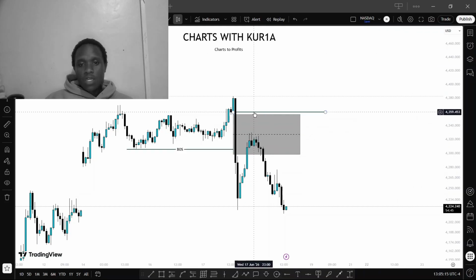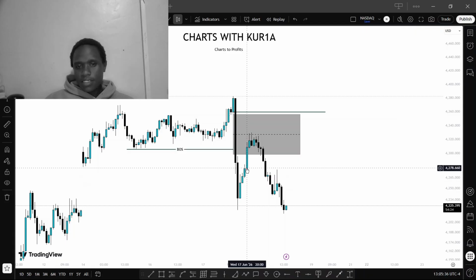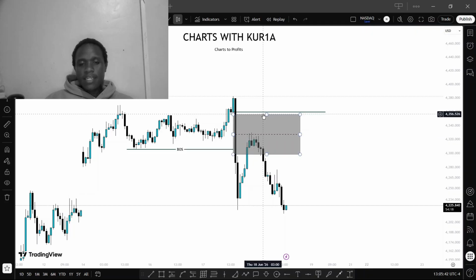So this is my order block, and this is my fair value gap. Those are two key levels that I would expect to see price reacting from. When I came to the London kill zone, this retracement to the upside had already happened, because as you can see, it started at 4, 5, 6, 7, and so forth. So I just wanted to get some reaction here or here, and then I could take my longs.